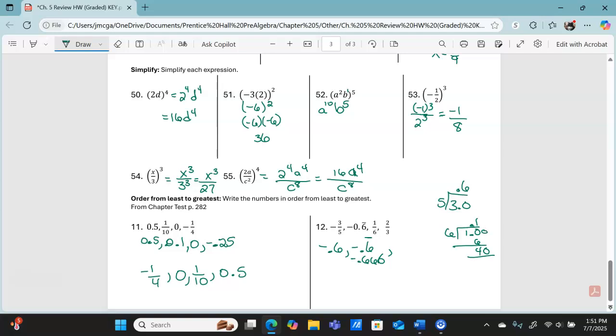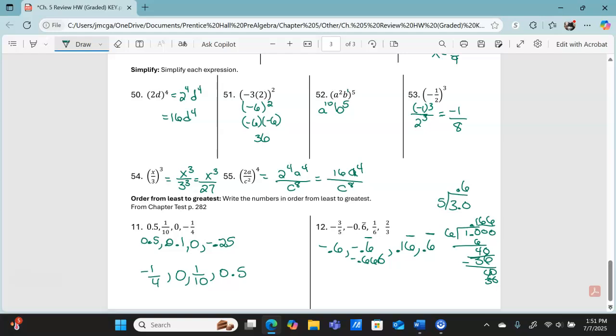Put in another 0. Get a 6. 36. 4. Put in another 0. It's going to be a 6 again. So 1/6 is 0.16 repeating. And then 2/3 is 0.6 repeating.